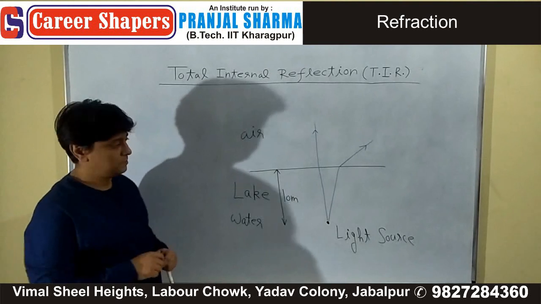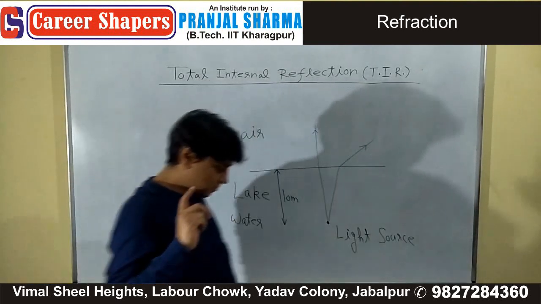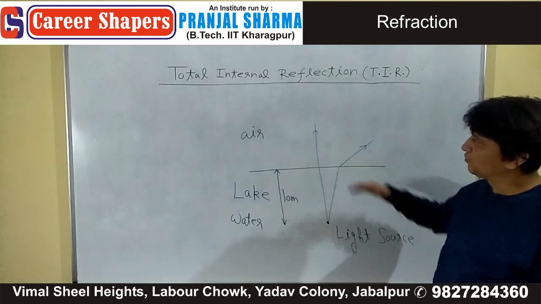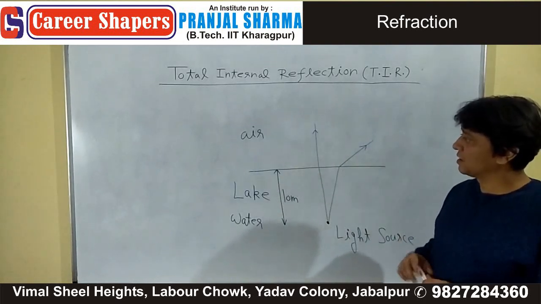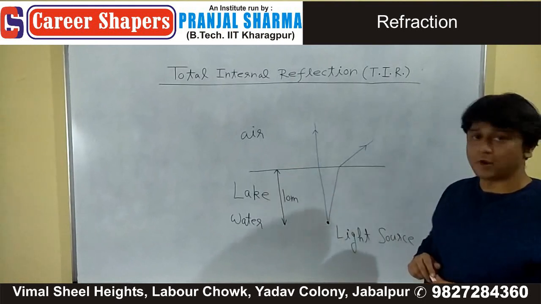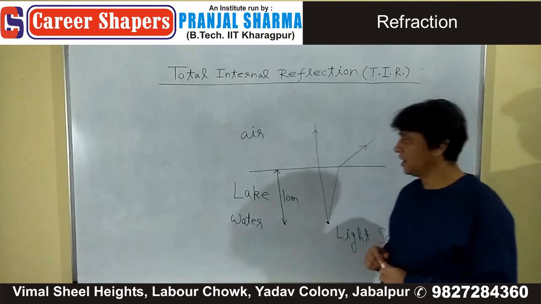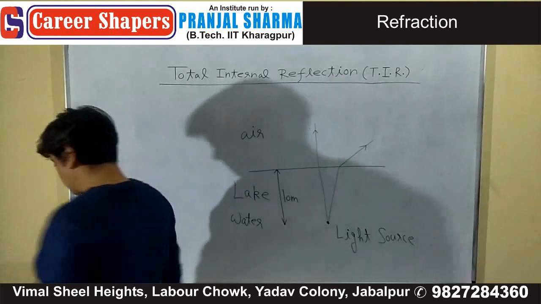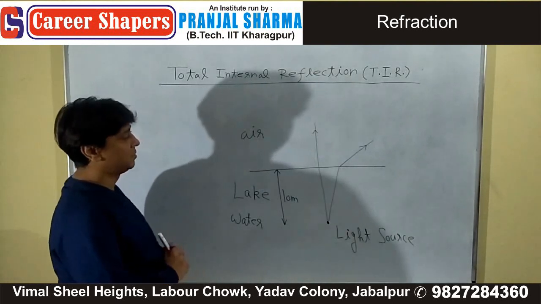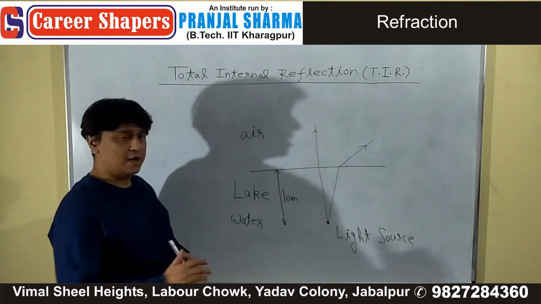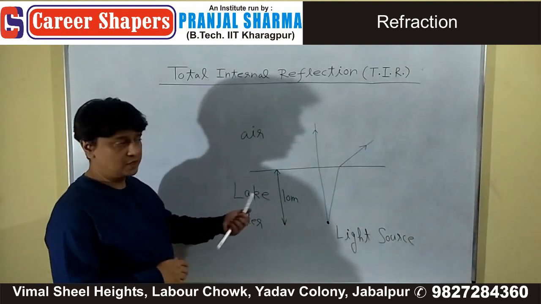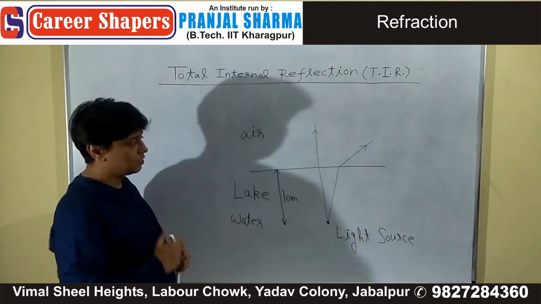Find out area of the lake surface from which light rays are coming out. Again, it's a very easy question, simple geometry, and you can answer this thing. Pause the video, go for it.